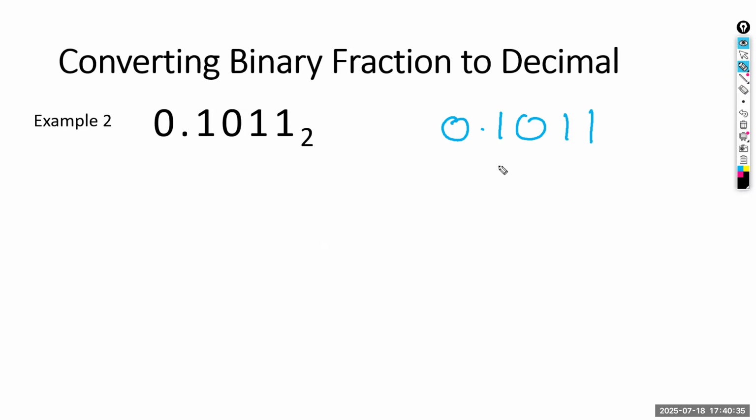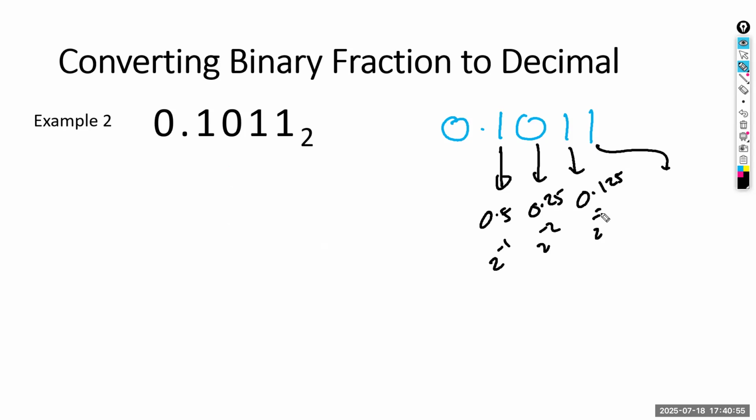Right. So this is 2 to the power minus 1, or you can straight away say 0.5. Then 2 to the power minus 2, or half of this, 0.25. 2 to the power minus 3, or half of 0.25, 0.125. So let's write it: 2 to the power minus 1, 2 to the power minus 2, 2 to the power minus 3, and this is 2 to the power minus 4. So this is half, 1/4, 1/8, 1/16. 1/16th is half of 0.125, that is 0.0625.